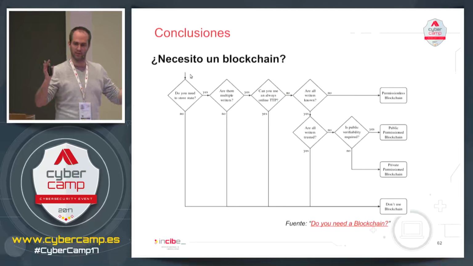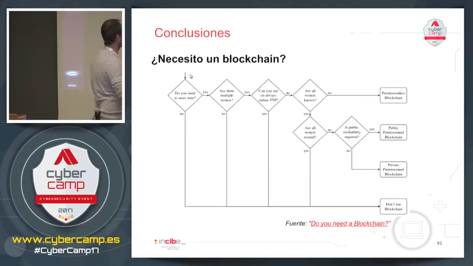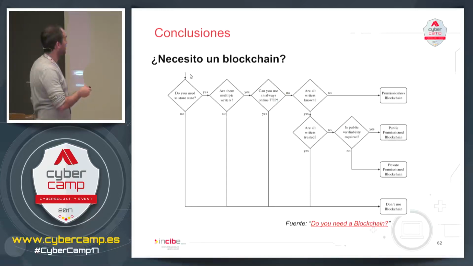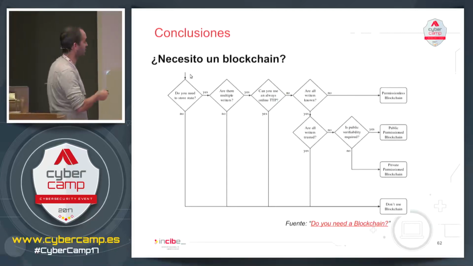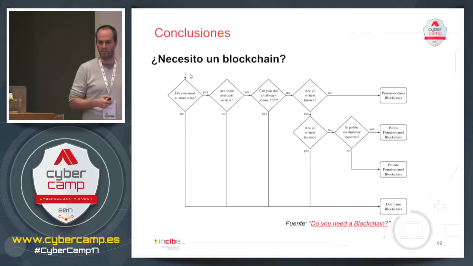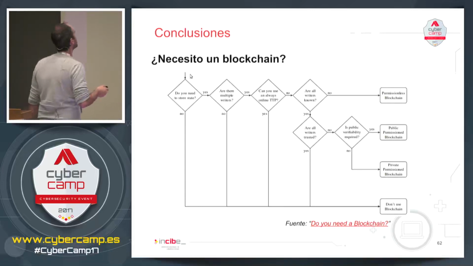But let's imagine there are many possible players, so yes, it would be meaningful. Do you have the option of choosing a third party that you trust? If so, then you don't need a blockchain, because the only thing you're going to do is to lose efficiency. Something that could be done a lot more simply.